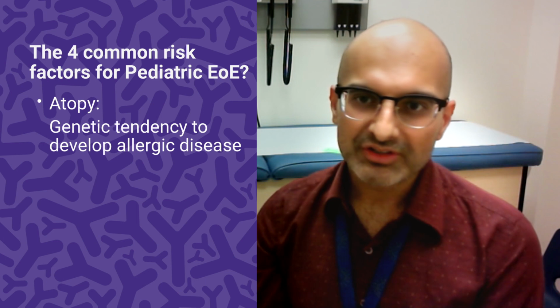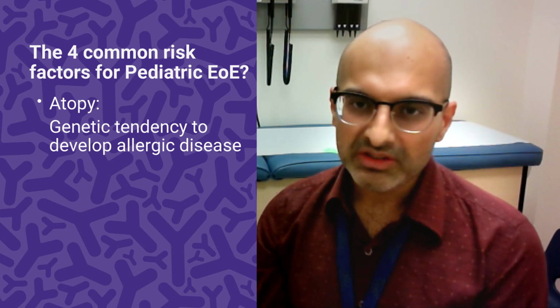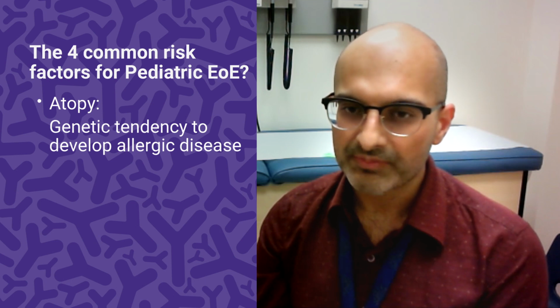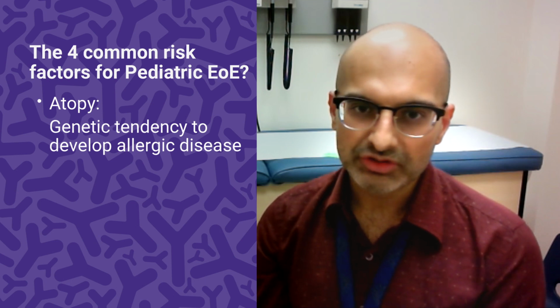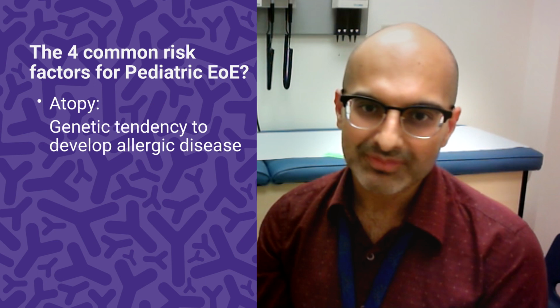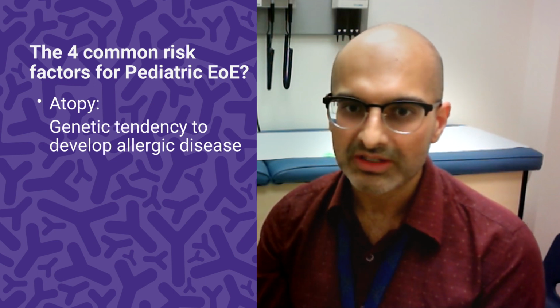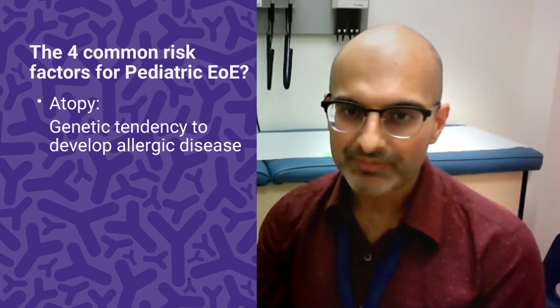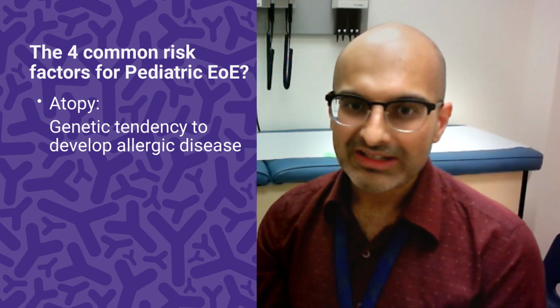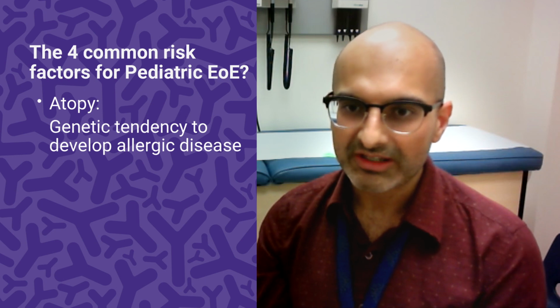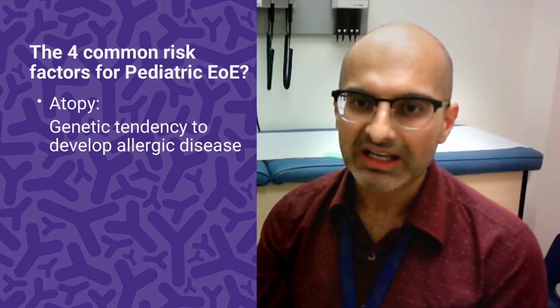The third risk factor is atopy. And this can be one of the tip-offs for whether we should look for this as well. Atopy is a general term we use for tendency to develop allergic type conditions. That could include, for example, eczema, asthma, environmental allergies, or sometimes we call it allergic rhinoconjunctivitis, but that's a fancy way to say hay fever type thing.